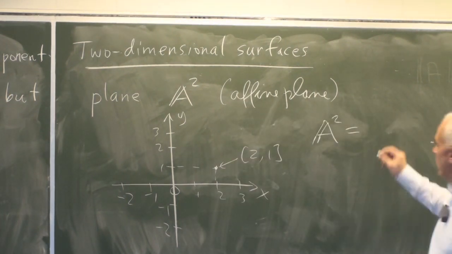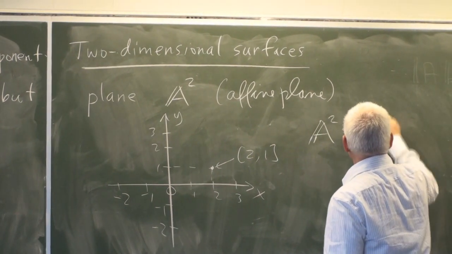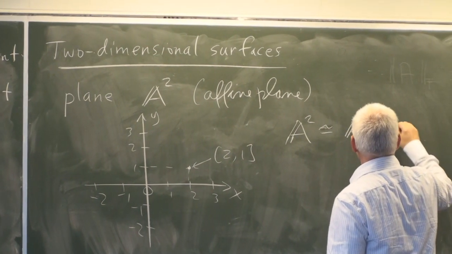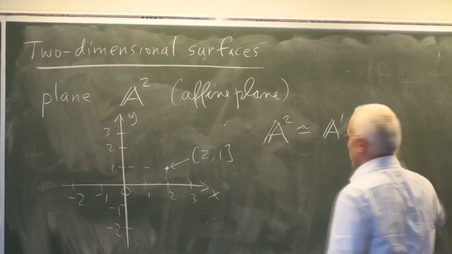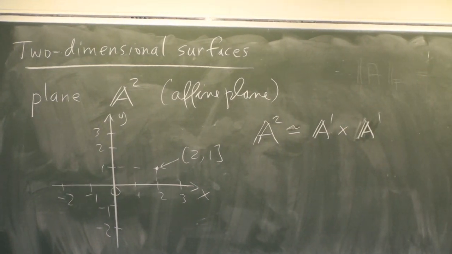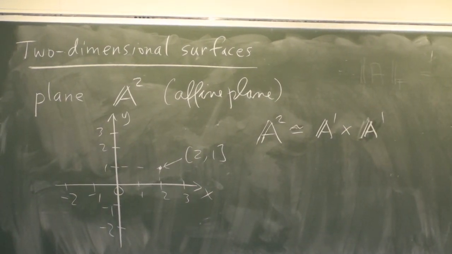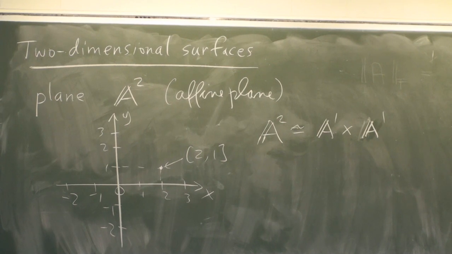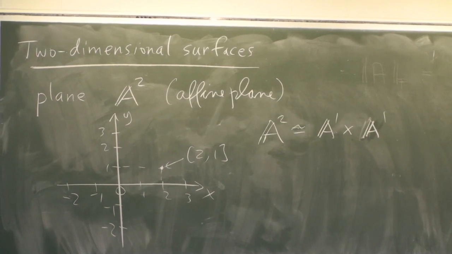And it is exactly equivalent to A1 cross A1, where this is a construction of topological spaces. This taking the product of two topological spaces. What it means is we're simply taking ordered pairs.